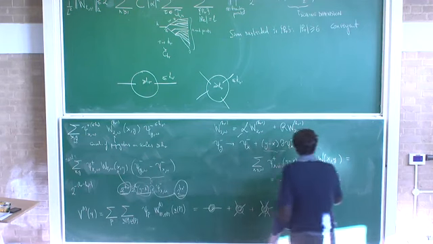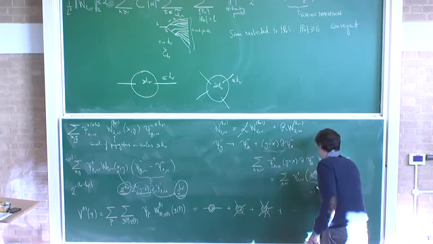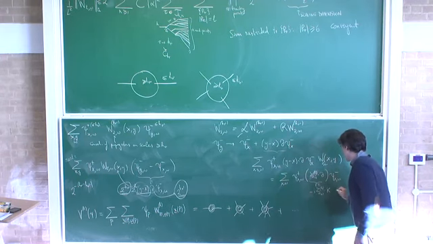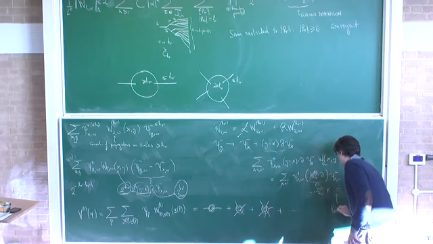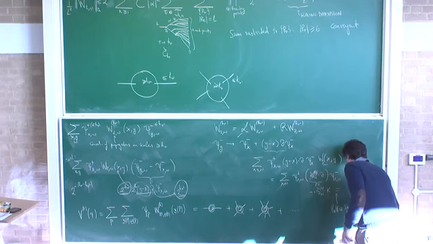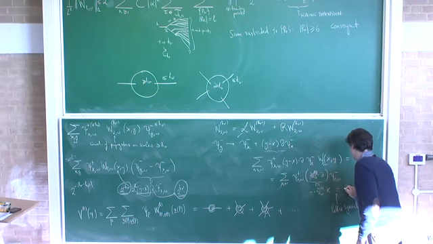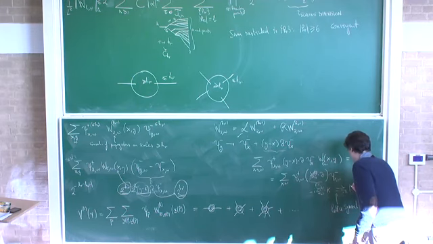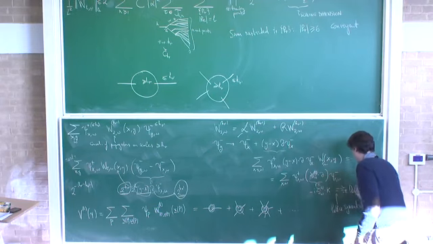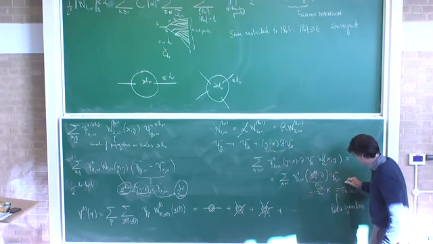In Fourier space, this is just minus i omega minus k, and again using lattice symmetries, which is something one has to sit down and check, this is minus zeta of h times b omega, and zeta of h is real.